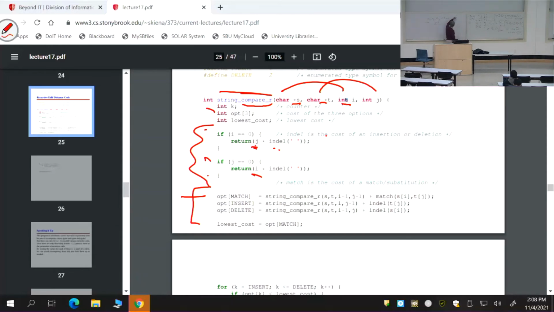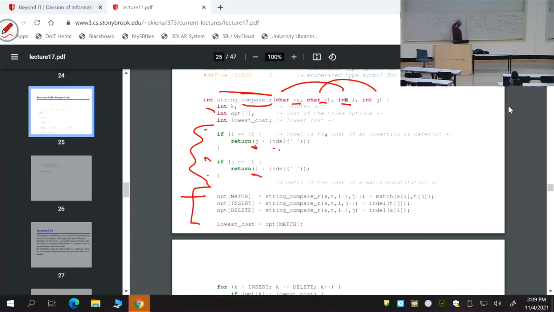At the beginning, I'm calling it on the full string, S of n, m. And from it, I'm going to be making 3 other recursive calls: n minus 1, m minus 1; n, m minus 1; and n minus 1, m.